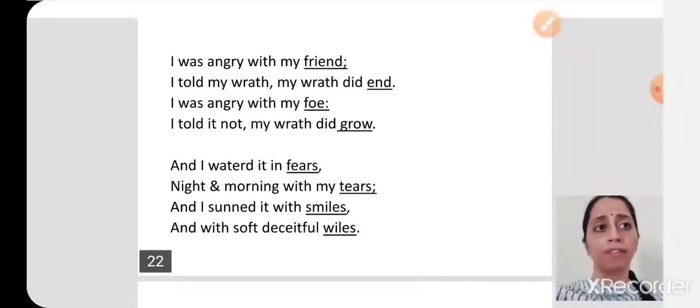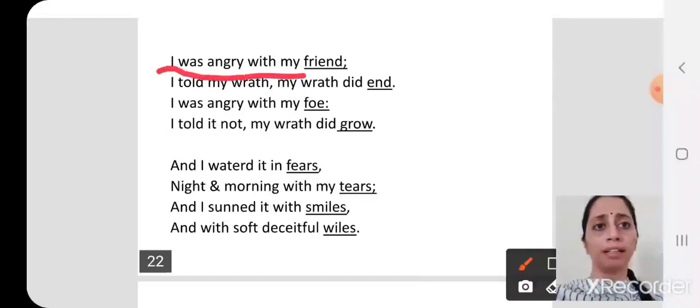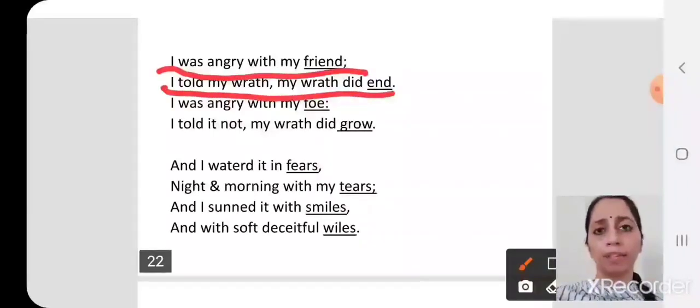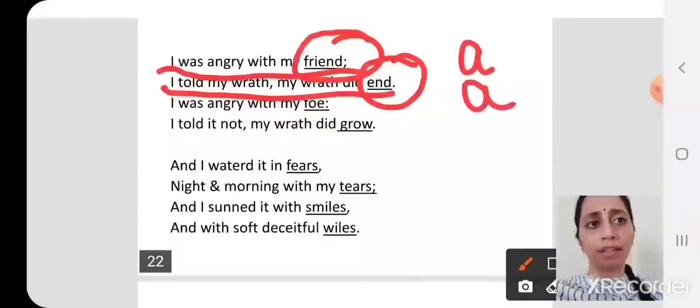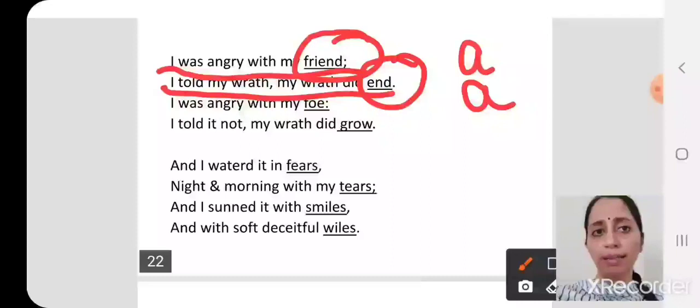So, if you see this line and this line, okay, they complete one thought, yes, and this word friend and end, they sound similar, so we will denote A. Okay, moving on to the next line.